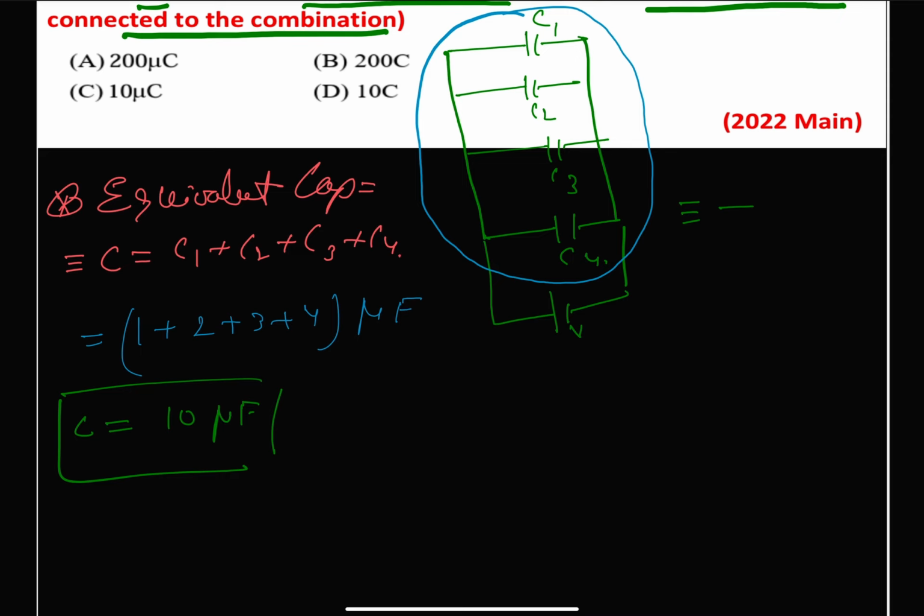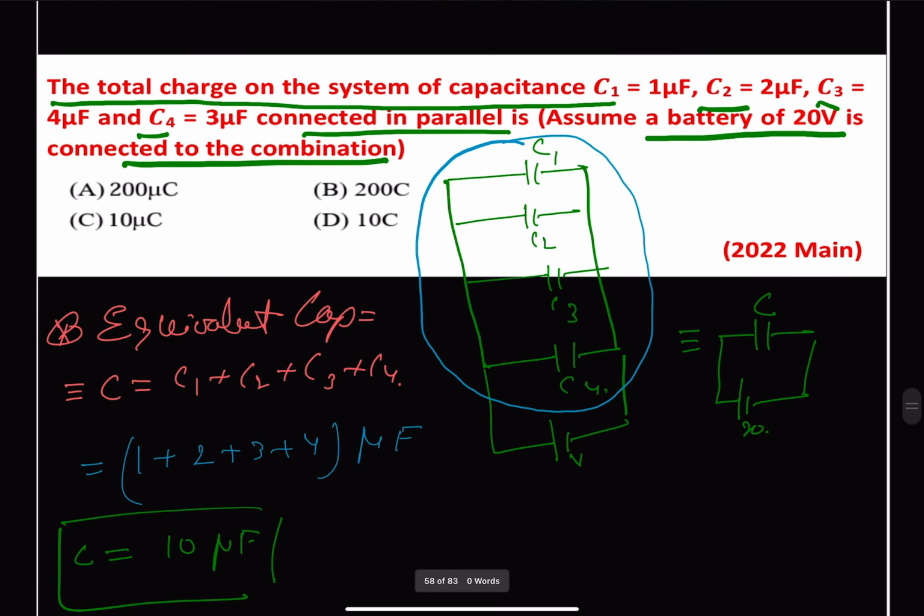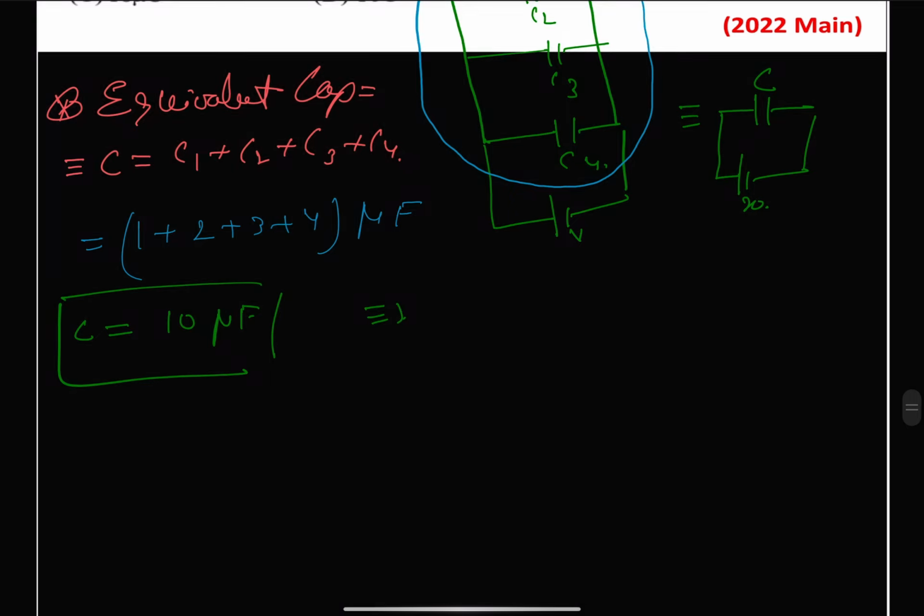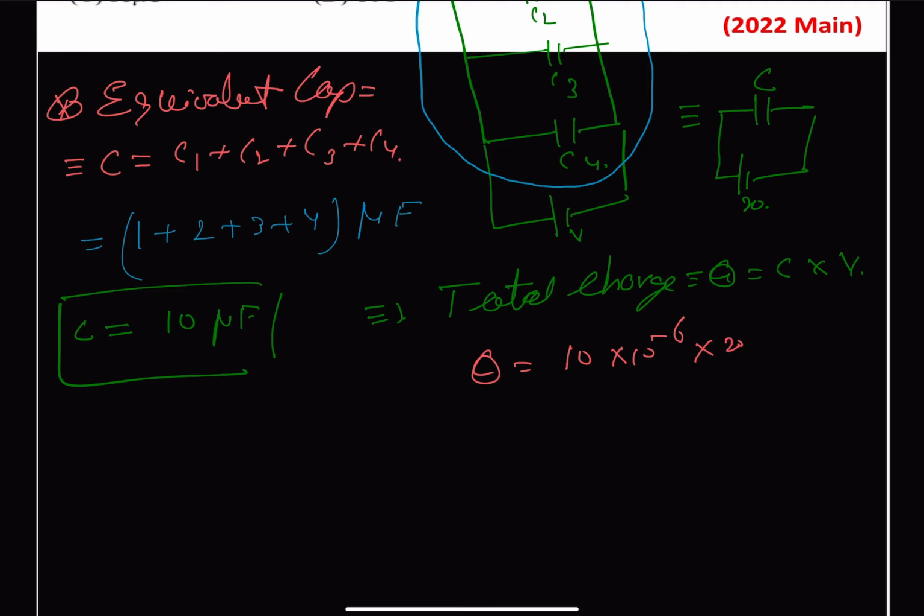So therefore we can just draw the equivalent circuit. We have one capacitance C connected with a battery source of 20 volt, and we need to find out the total charge. So you can say from here that the total charge Q will be equal to C times V. So Q is equal to 10 into 10 to the power minus 6 times 20, so this comes as 200 microcoulomb.